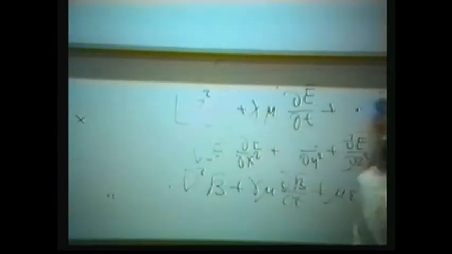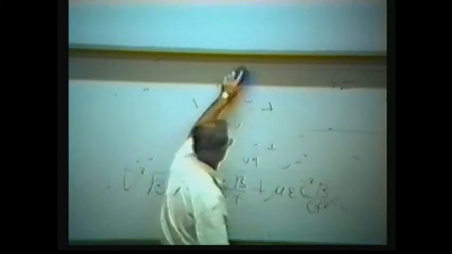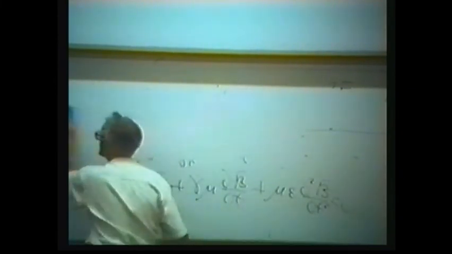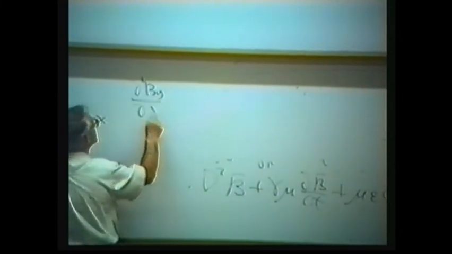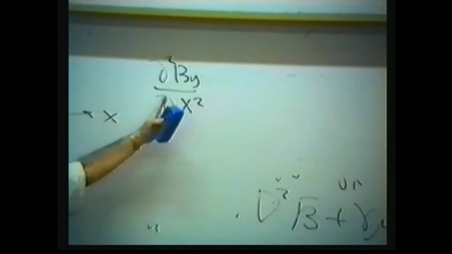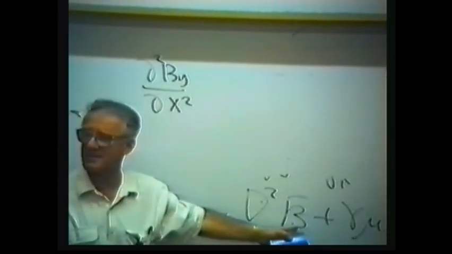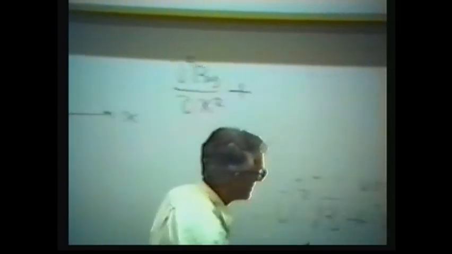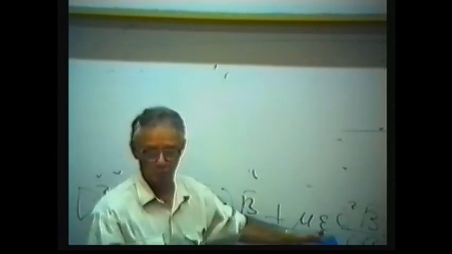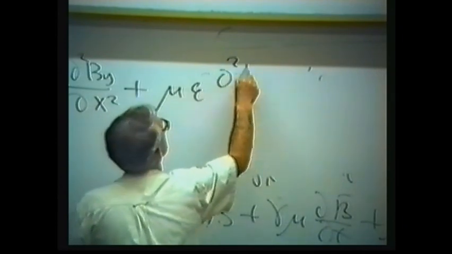Therefore, this equation becomes d²By/dx². What is it, by the way? Which term? That's the term, because no derivative with respect to other components, no other components. Plus, do we have this term? Yes. Mu epsilon d²By/dt².